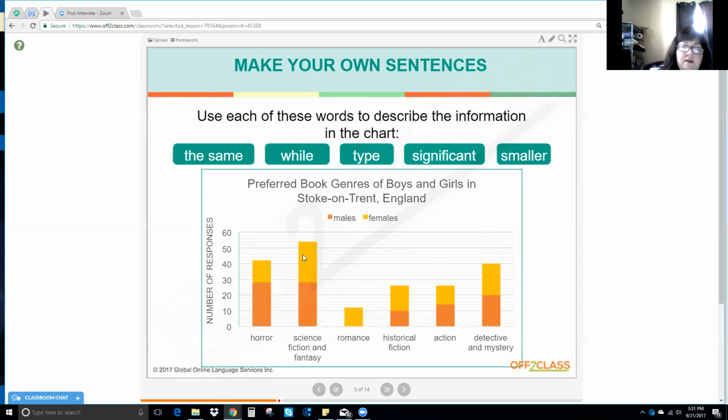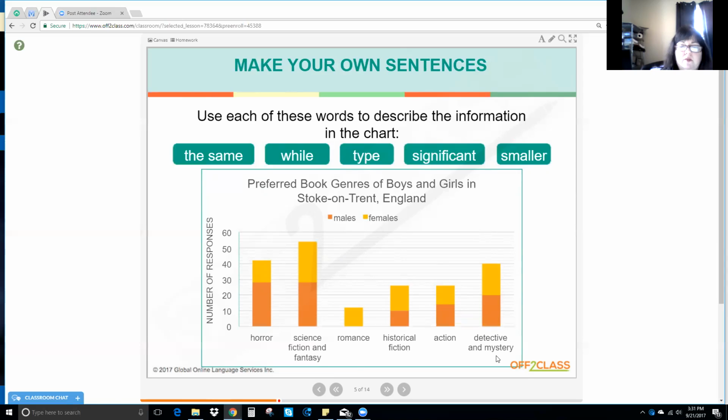Girls liked two different types of reading or genres. Or no, they liked several types. So they liked all types. They liked horror, science fiction and fantasy, romance, historical fiction, action, detective, and mystery.